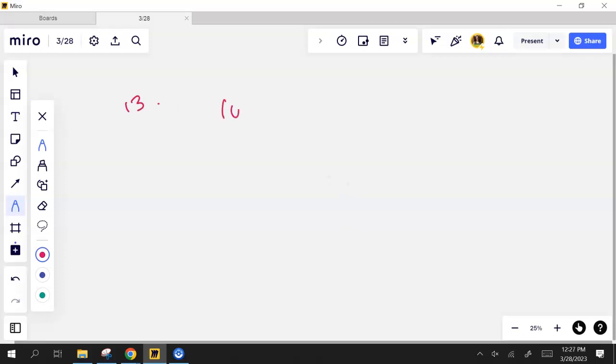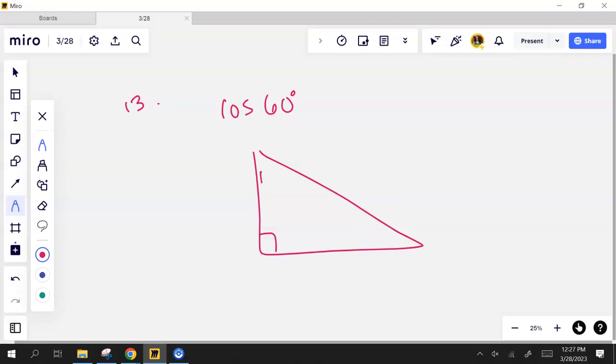13. Cosine 60 degrees. Well, if it's a right triangle, they're all right triangles. If that's 60, then this is 30.